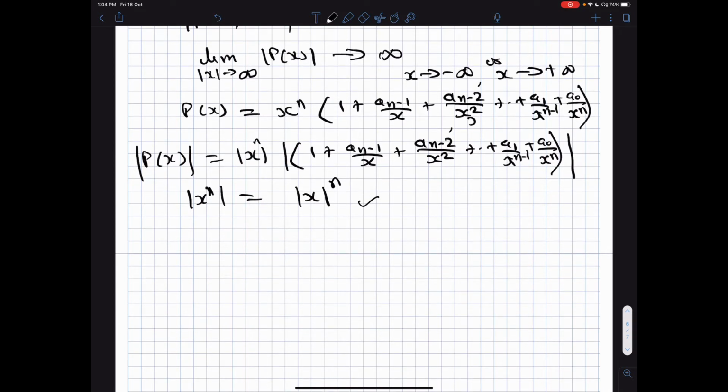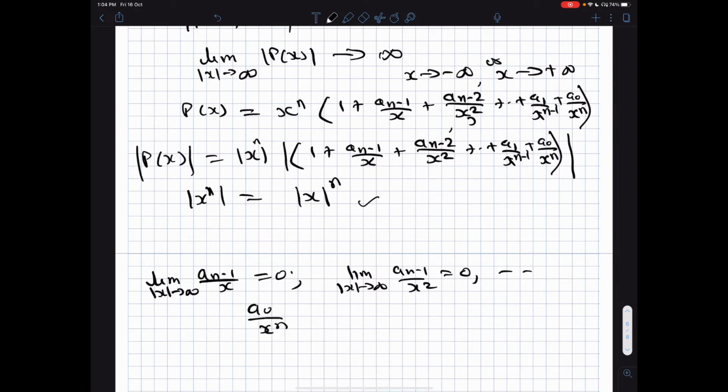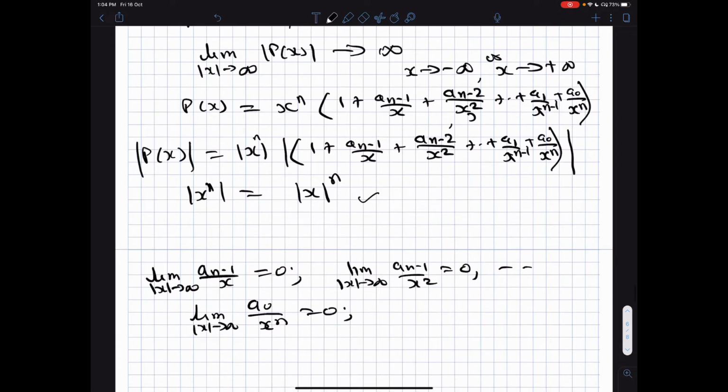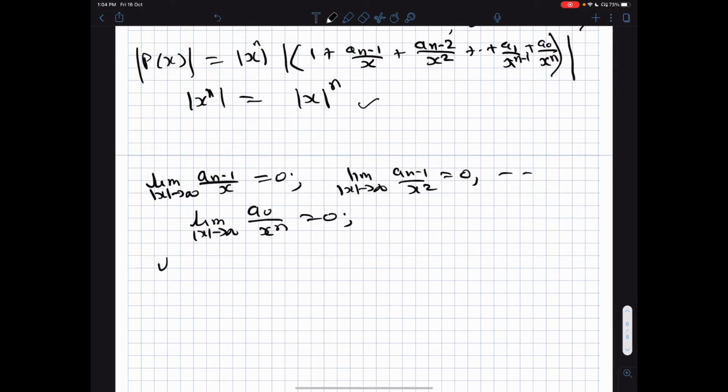Now you look at this: the terms like a_{n-1} by x, in the limit of modulus of x going to infinity, where do they go? They go to 0. And where does a0 by x to the power n go in the limit of modulus of x extending to infinity? It also goes to 0. So where does this polynomial go?